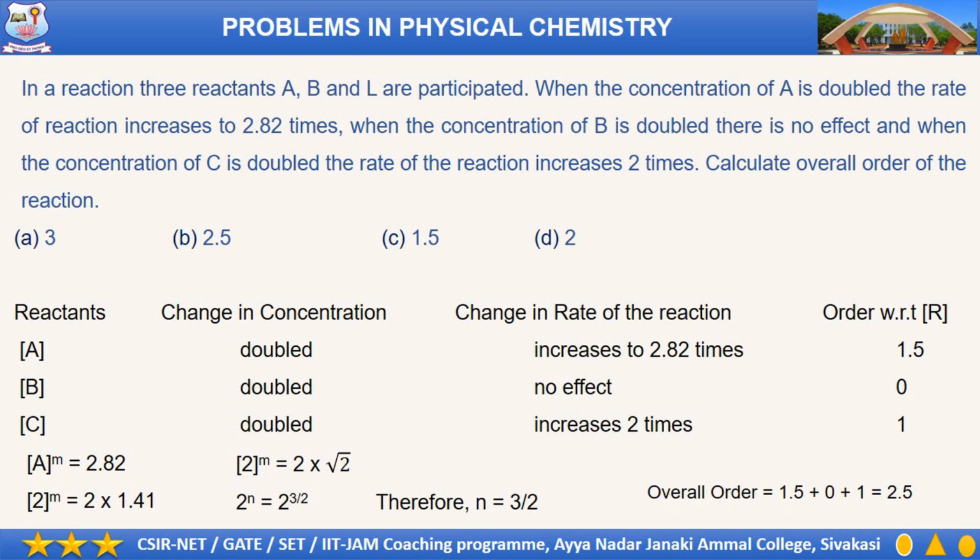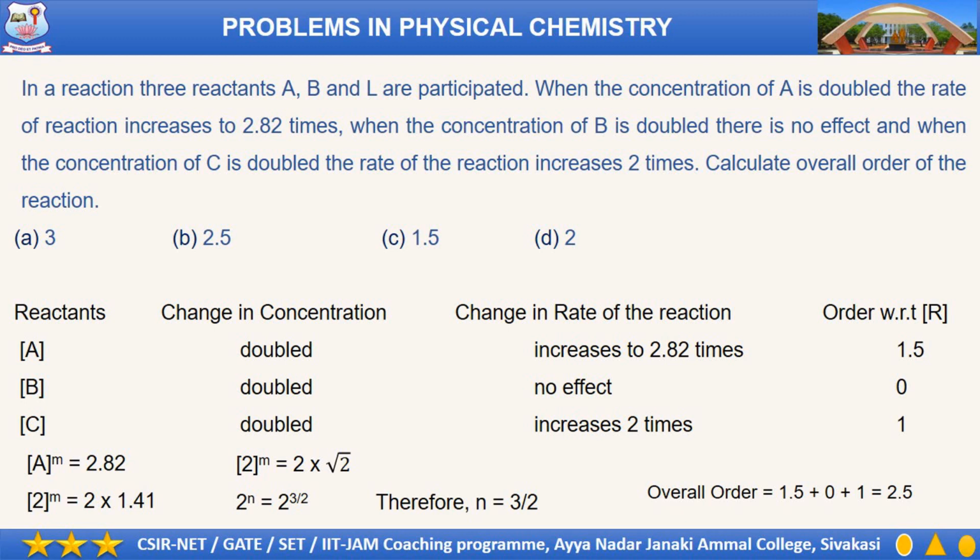Calculate the overall order of the reaction. Options are A, third order, B, 2.5 order, C, 1.5 order, D, second order.